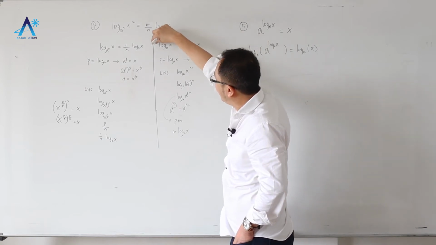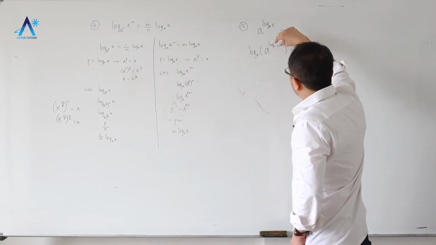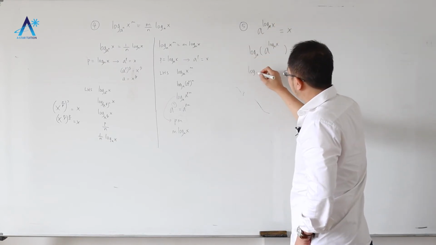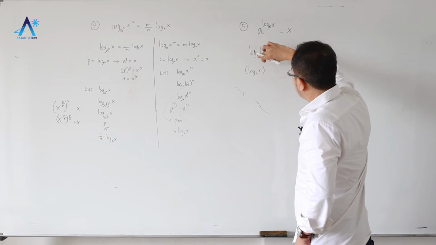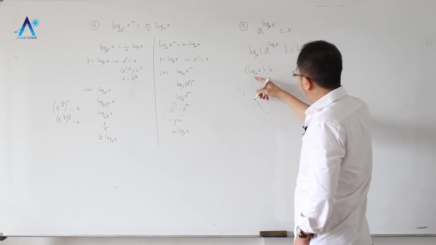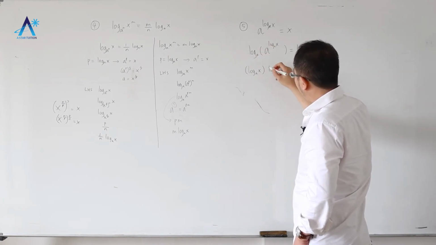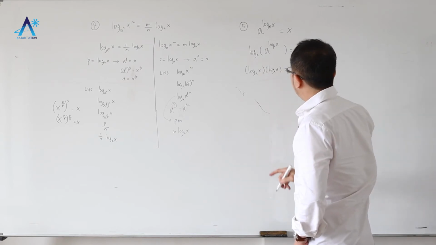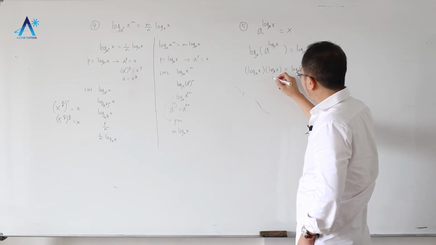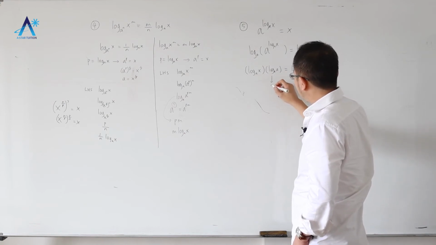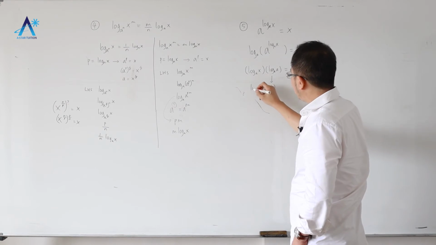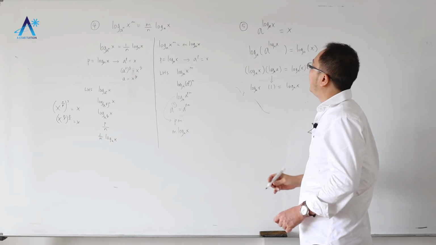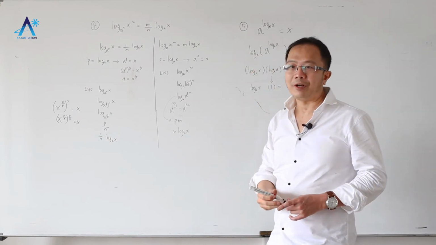This power will go down. Similarly, this power will also go down, causing the equation on the left hand side to be log a x multiplied by log a a, while on the right hand side we have log a x. This log a a itself is equal to 1, and we have verified rule number 5.